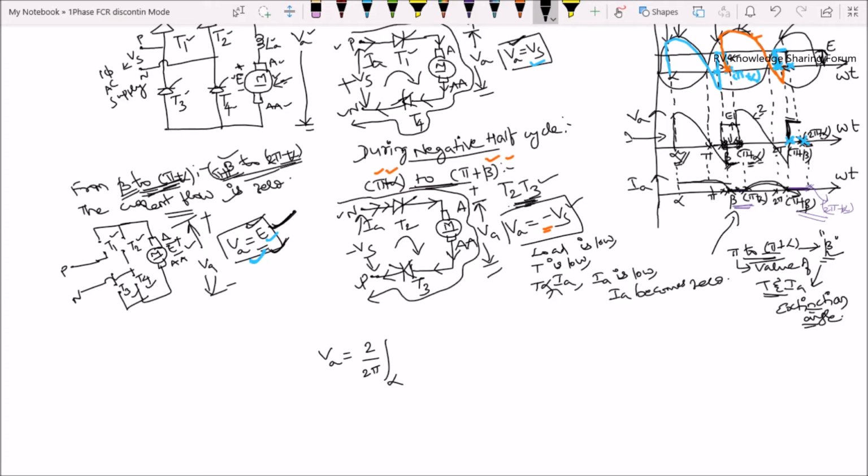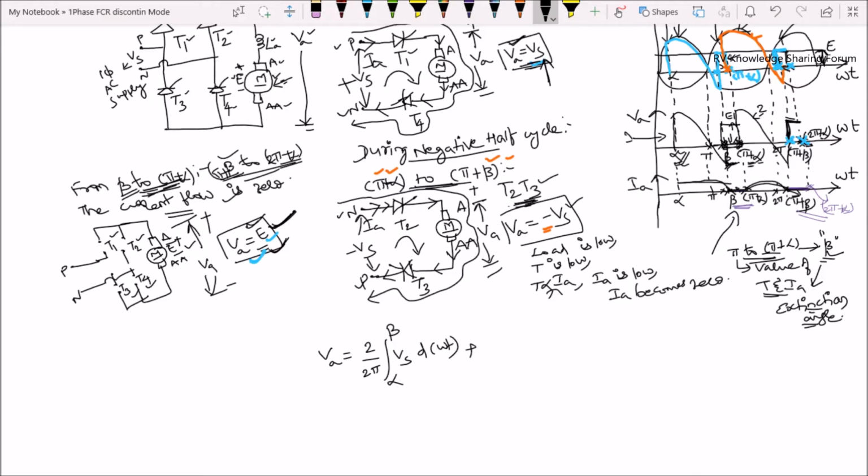Thyristors T1 and T4 start conduction at alpha and stop at beta. From alpha to beta our armature voltage is the supply voltage Vs, so alpha to beta Vs d of omega t.